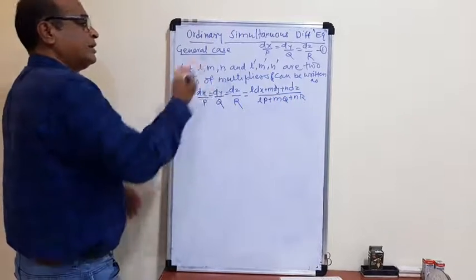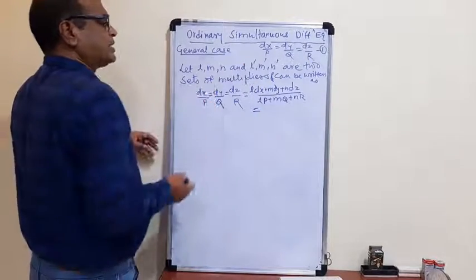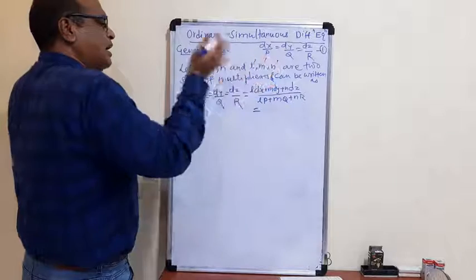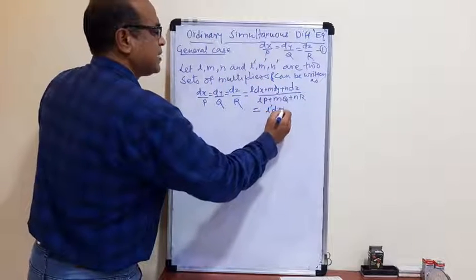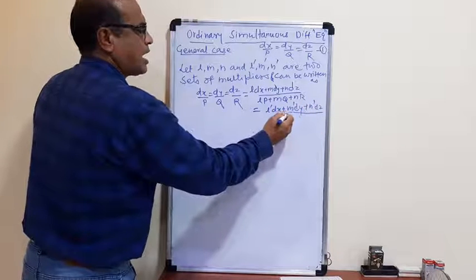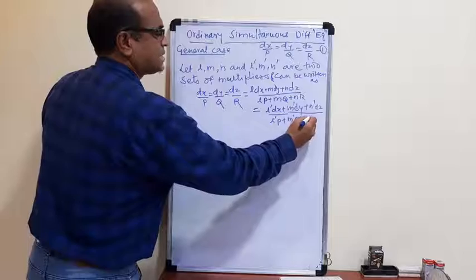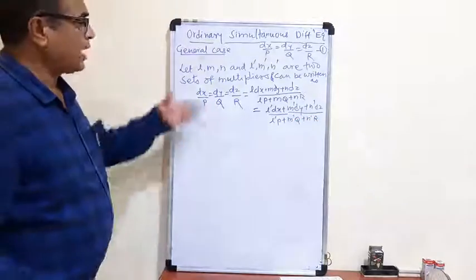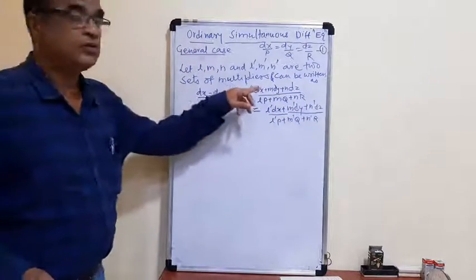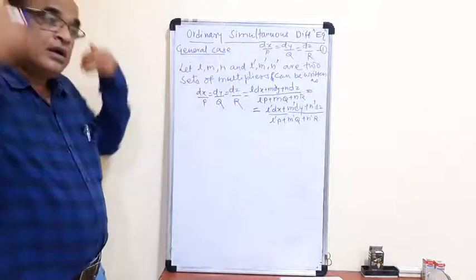So taking these multipliers here, it is also equal to, taking the other multipliers, multiplying corresponding terms in numerator and denominator and adding them: L dash dx plus M dash dy plus N dash dz divided by L dash P plus M dash Q plus N dash R. So what happened here? dx upon P is a fraction, this is one more fraction, this is also another fraction. You can make infinitely many fractions.